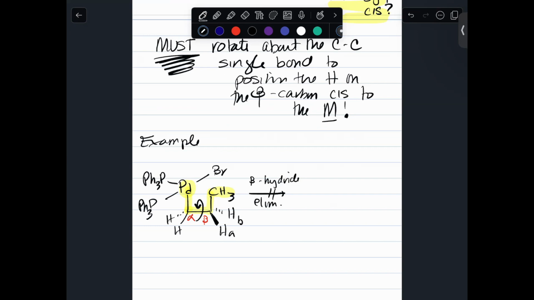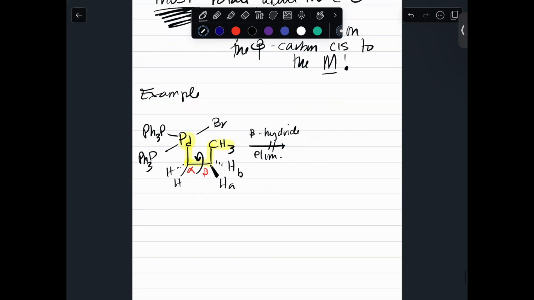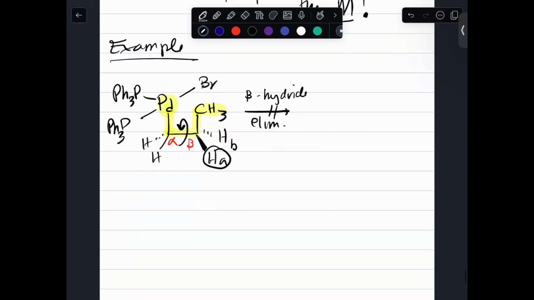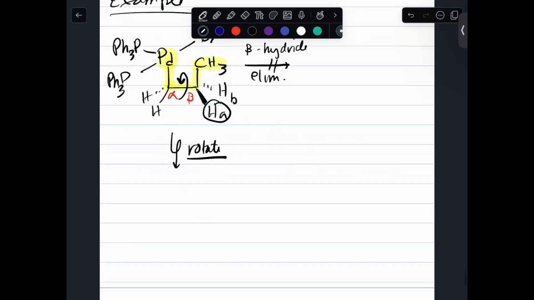Okay? And so you can decide which hydrogen you want in this case. In other examples, as we go through them, there are a couple more rules that we need to learn for each reaction. But in this case, I'll say I'm going to put hydrogen A syn. And so if I rotate, I'll draw out my palladium because that hasn't changed.